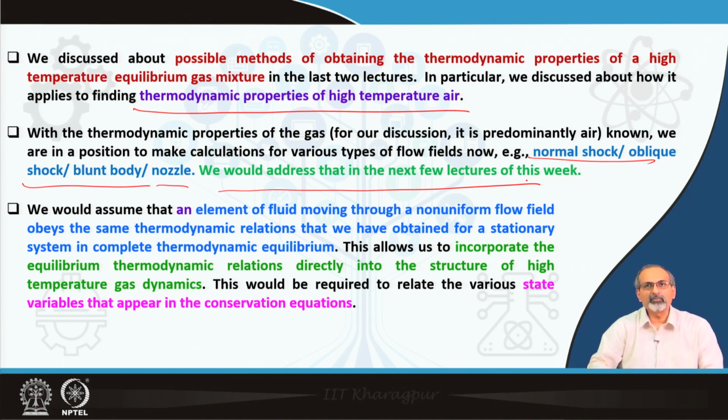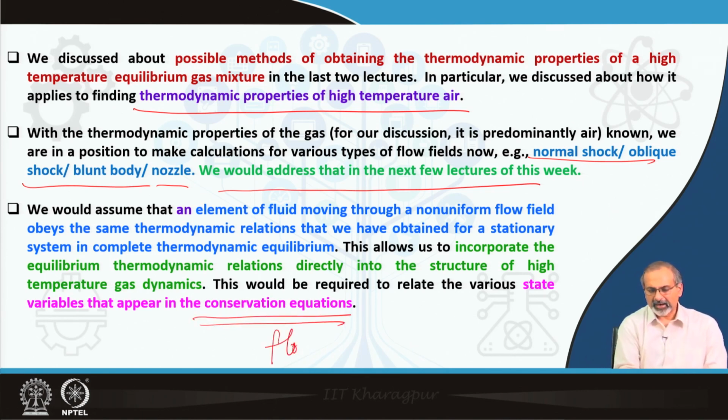So, we have built some tools which can be plugged into high temperature gas dynamic modeling, and there the thermodynamic properties that we have obtained at high temperatures will be plugged into the flow equations. This would be required to relate the various state variables that appear in the conservation equations, which actually would model the flow.